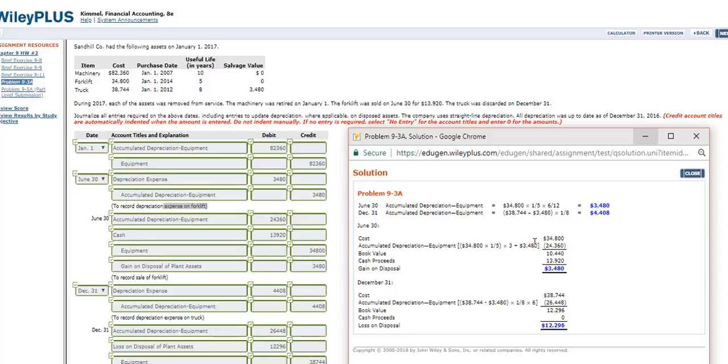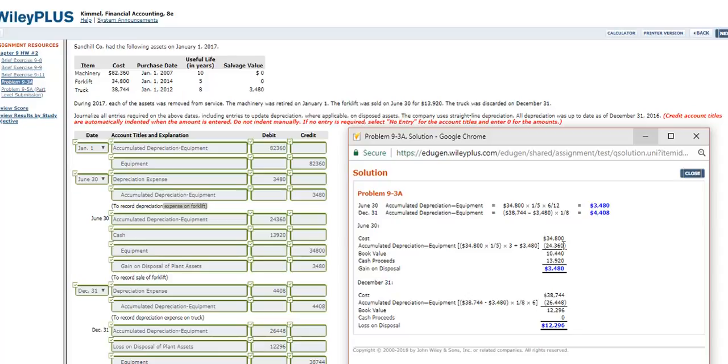We can see it right here. I mentioned 5 years, but actually, I'm sorry, that might confuse you. It is the cost of the forklift times 1 divided by 5, the useful life, times 3, which is the difference between 2014 and 2017, plus the accumulated depreciation equipment that we already calculated. That will give us 24,360. I'm sorry, I'm a little nervous.